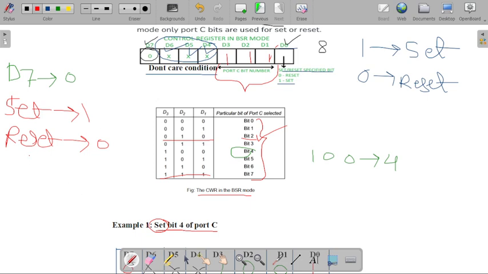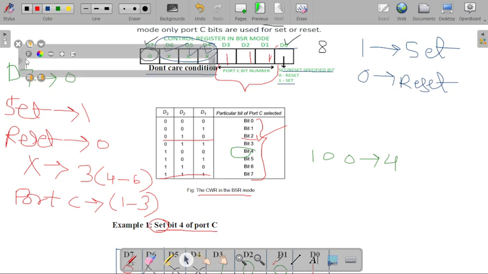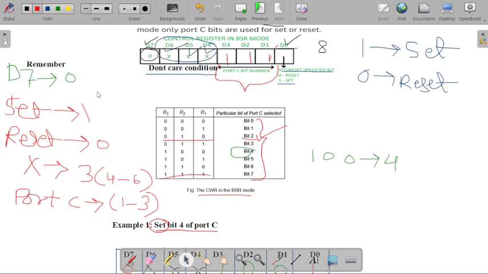The don't care conditions are defined in the 3 bits D4 to D6. And our port C structure is indicated by the D1 to D3 bits. Whenever you remember these points, you can easily solve questions on the control word format of our 8255 processor.